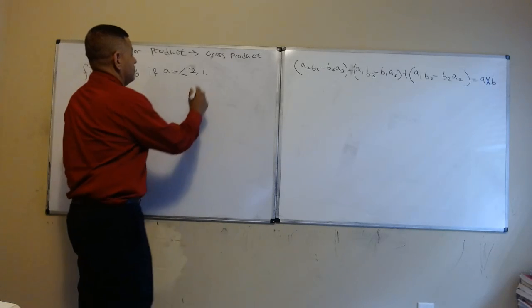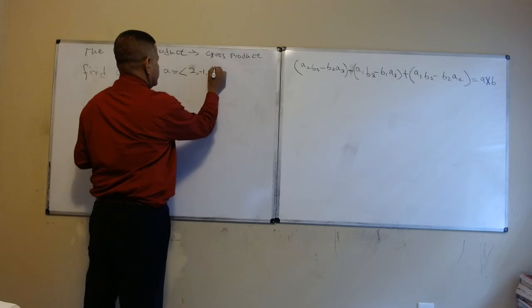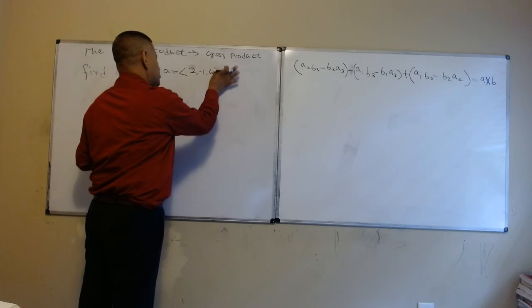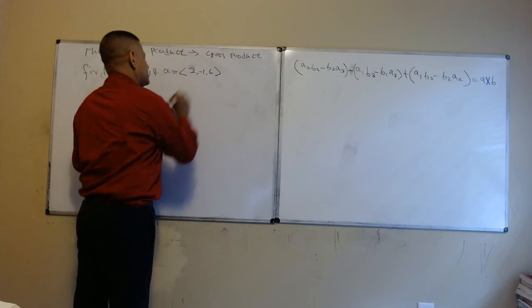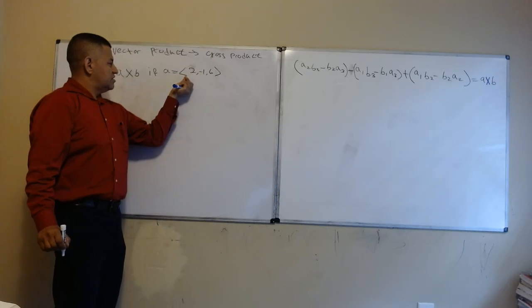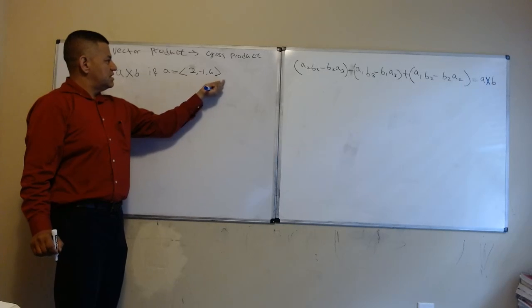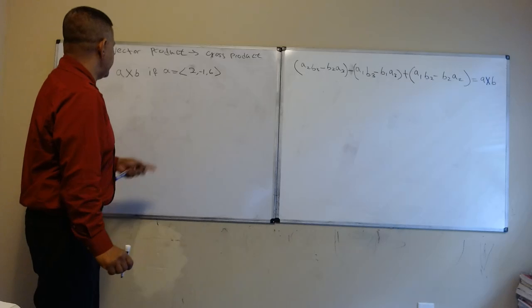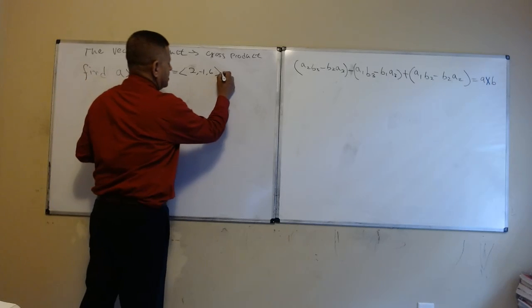Actually, this is negative 1, comma 6. And when we do the vectors, we put these less than and greater than symbols, right? Okay, that is A.